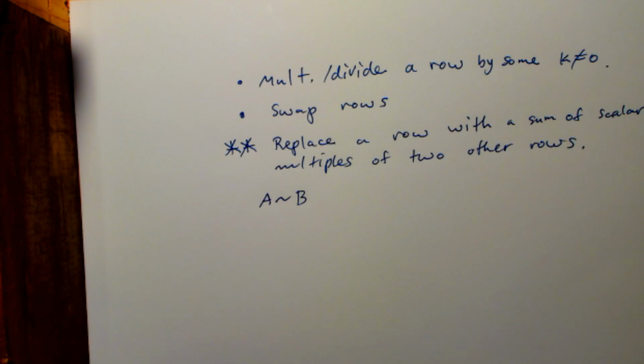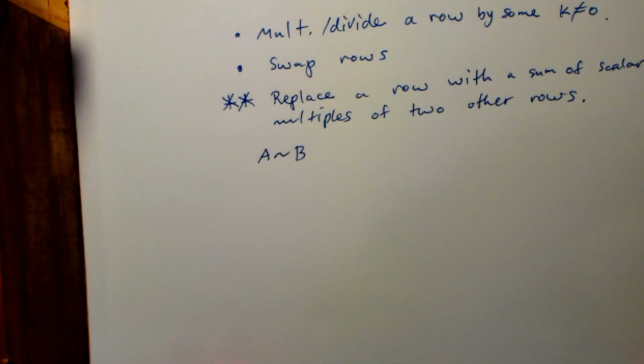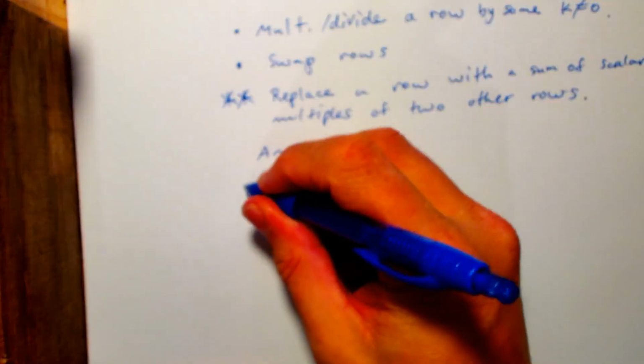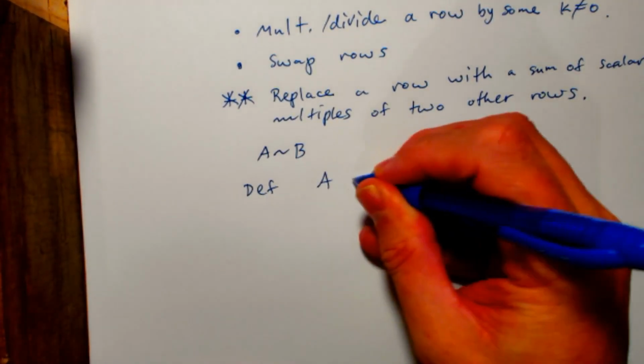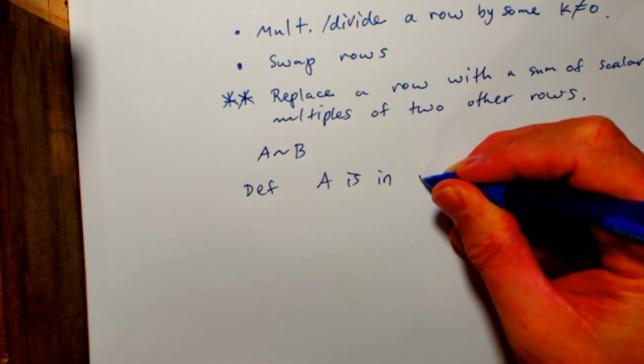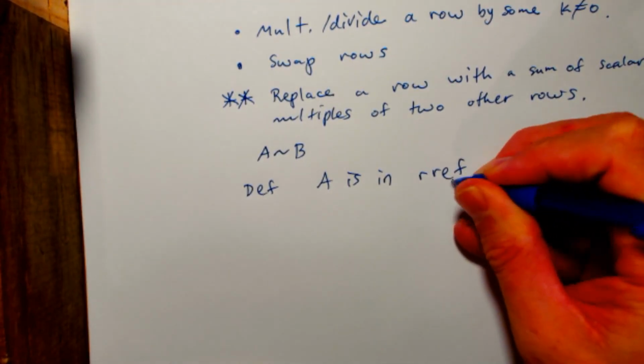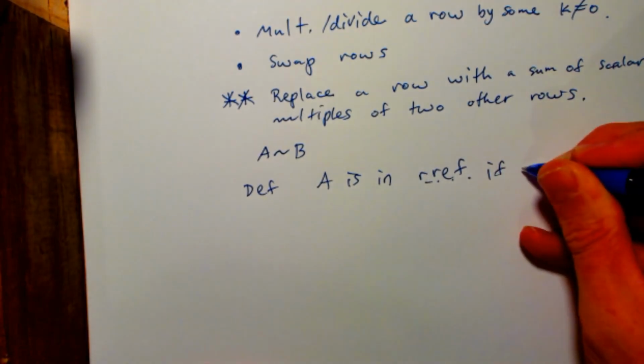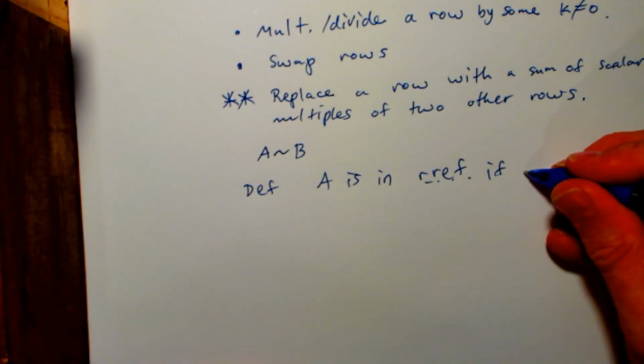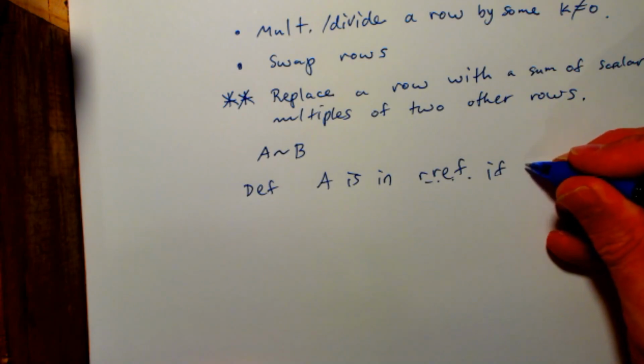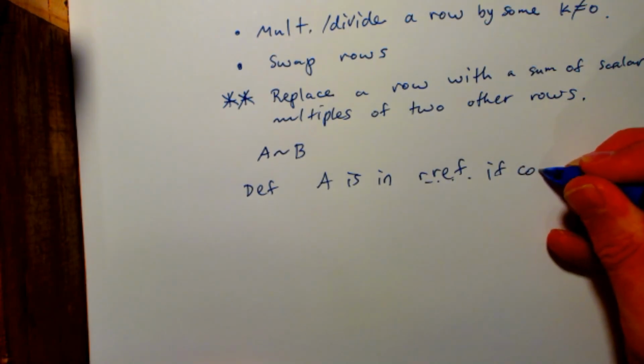A matrix is in row reduced echelon form if the following 4 conditions hold. Okay, I'm going to rewrite that here. So definition, A is in row reduced echelon form if the following conditions hold.